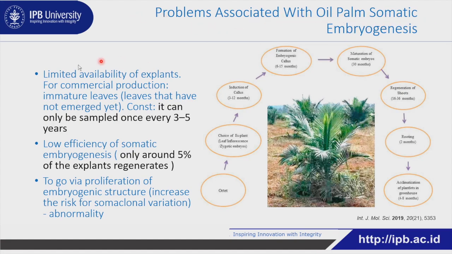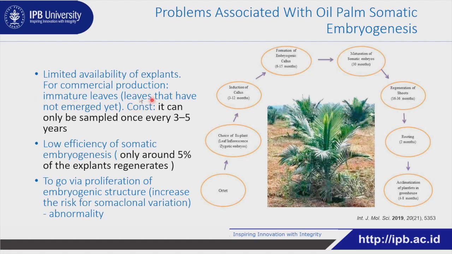First is the limited availability of explant. You can imagine we would have to cut the plant, but that's not desirable for a company. So for commercial production they use immature leaf, meaning a leaf that has not emerged yet, because they think it contains a lot of meristematic cells.